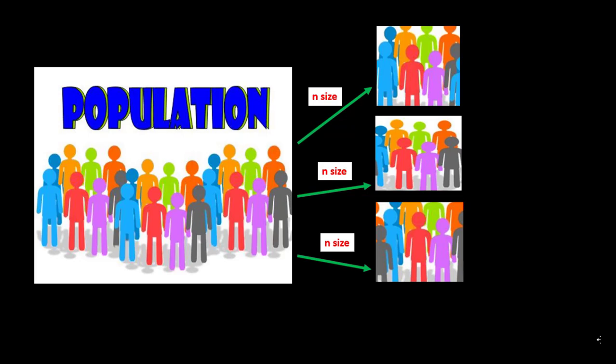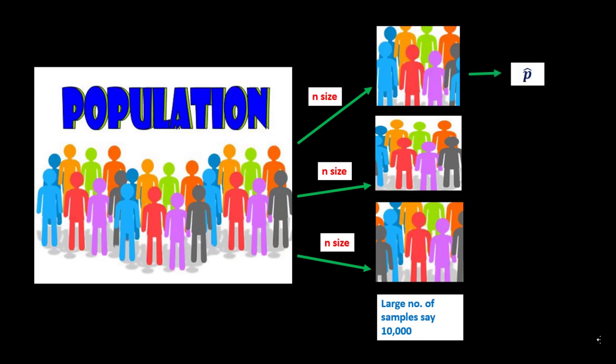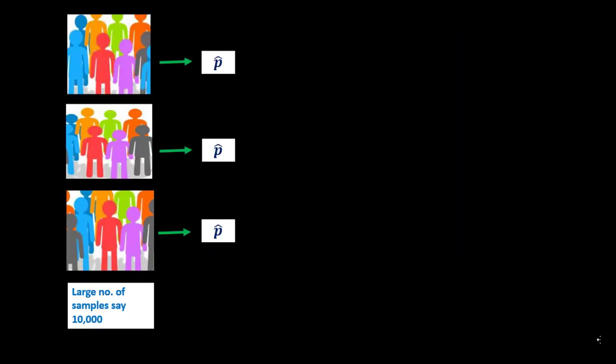If I continue this a large number of times, let's say I have collected 10,000 samples having size n from this population, and since I know the desired characteristic of the sample, I can easily calculate the sample proportion for each individual sample. So I have calculated the sample proportion for all the 10,000 samples.